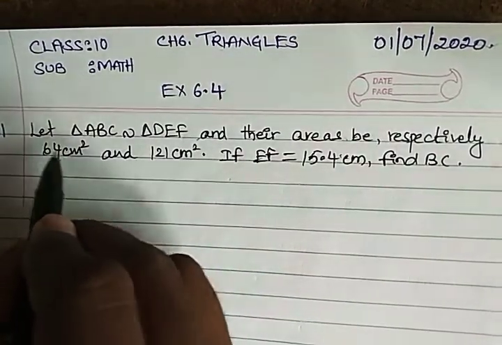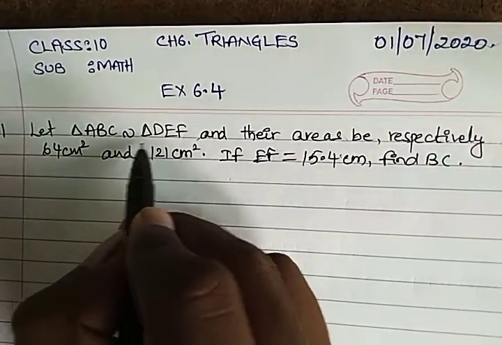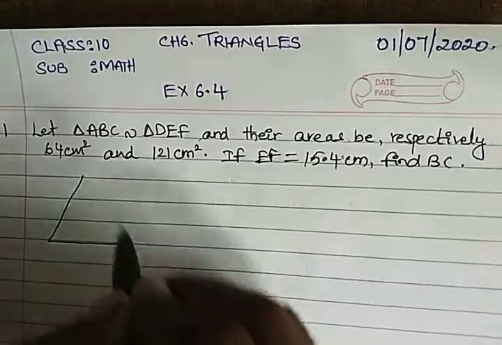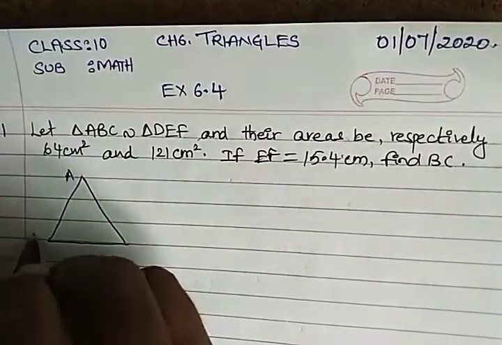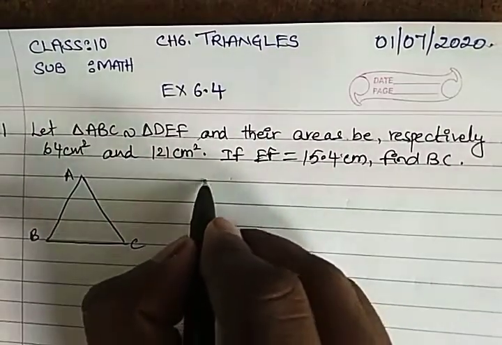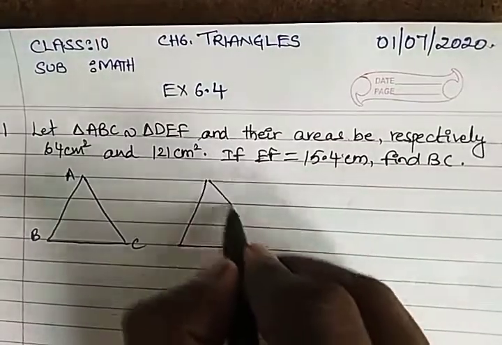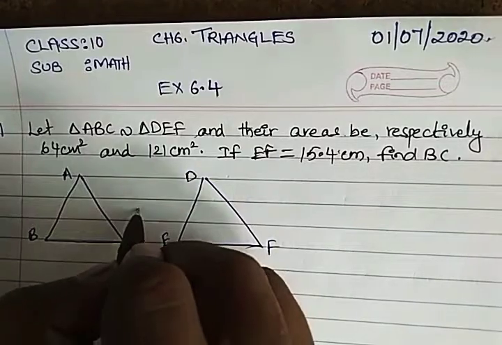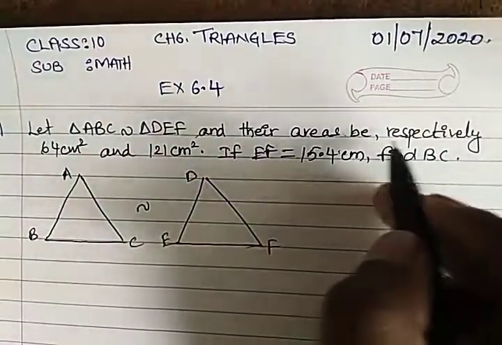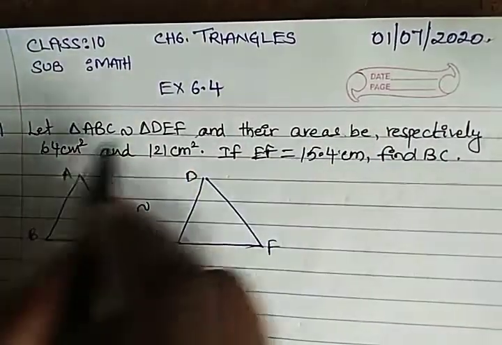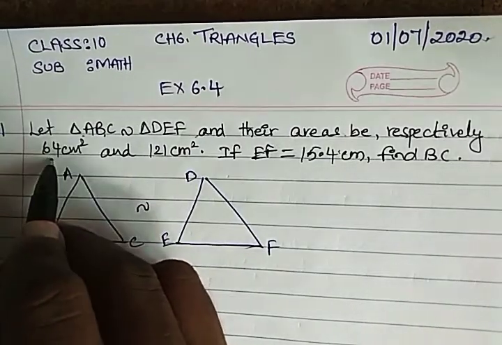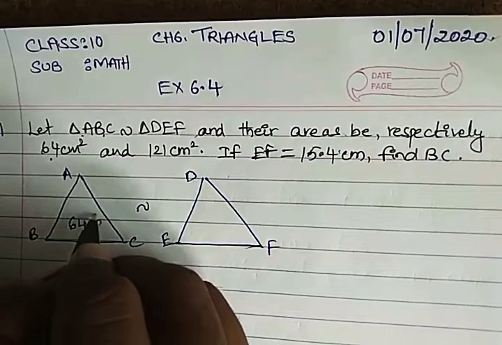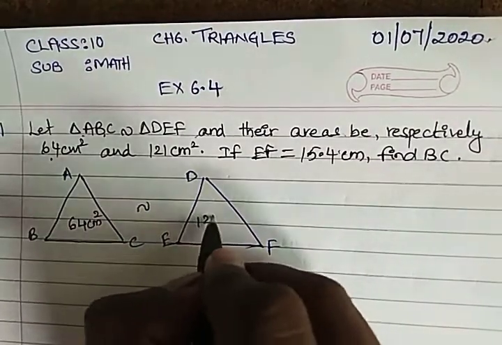Question number 1. Let triangle ABC be similar to triangle DEF. There are two triangles: this is triangle ABC and another triangle DEF. Both are similar and their areas are given respectively. The first triangle is ABC, so its area is 64 centimeter square, and the area of DEF is 121 centimeter square.